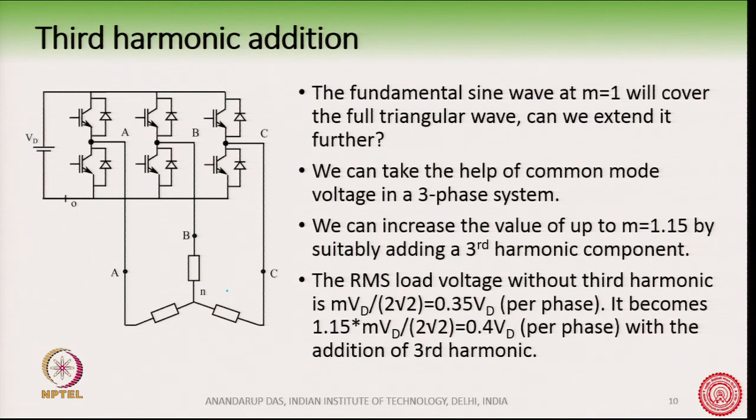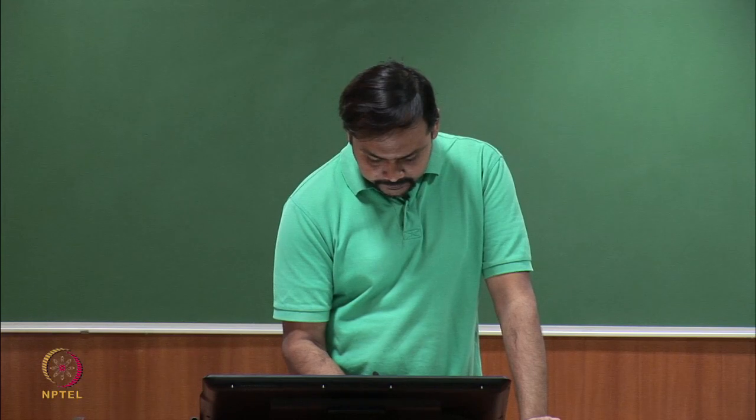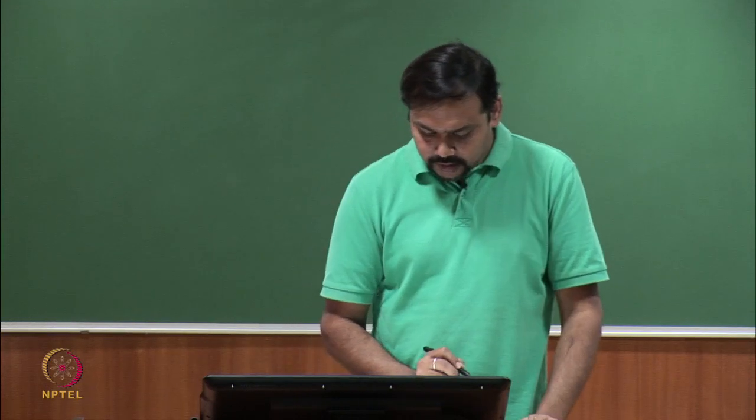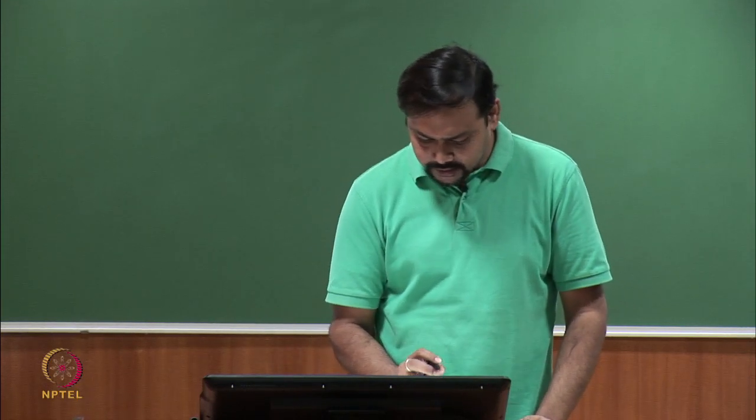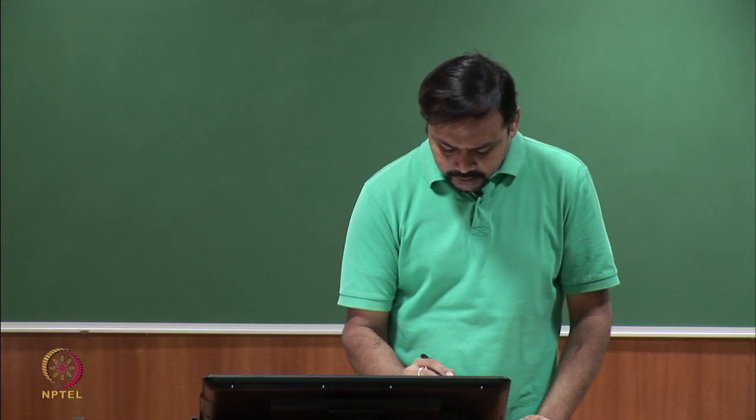VAO, VBO, VCO are the voltages produced by this converter. So, what is the equivalent circuit? The equivalent circuit of this converter is something like this.